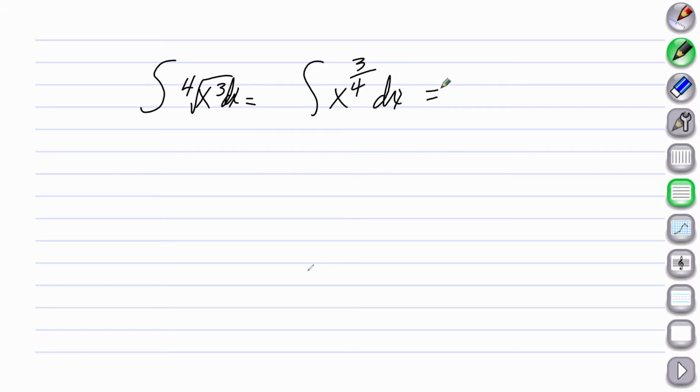And that would equal, we're going to add 4/4 to that. So that would be x to the 7/4 over, and then we flip that over, 4/7. You could write 7/4 and then bring the 4 up here, but it's kind of a shortcut, plus the c.